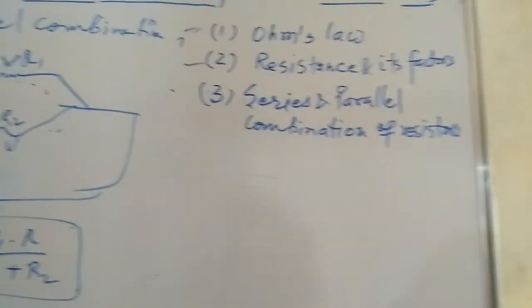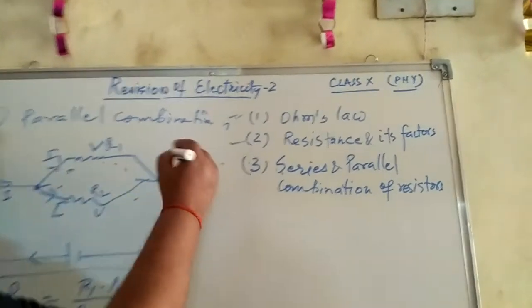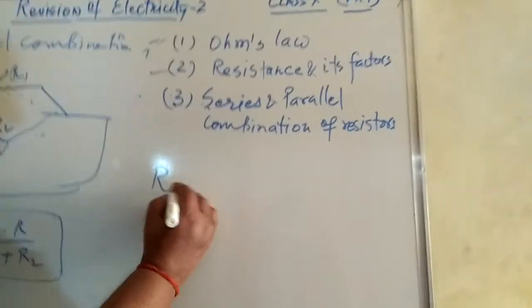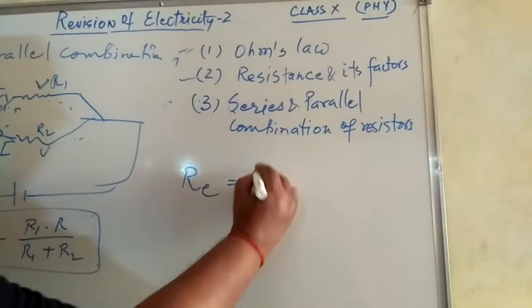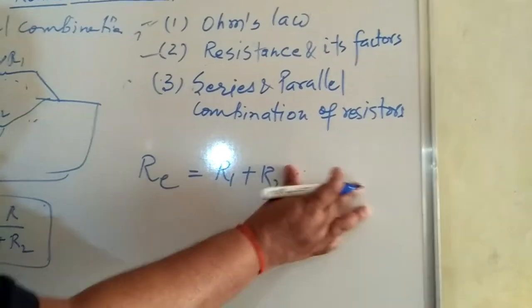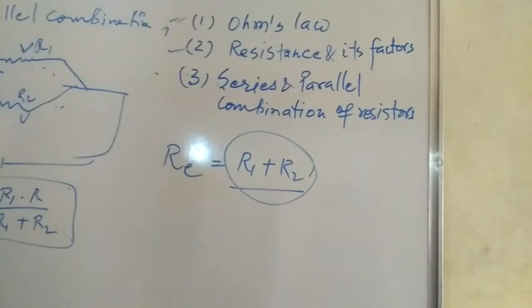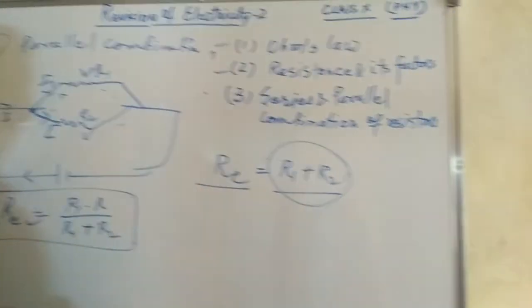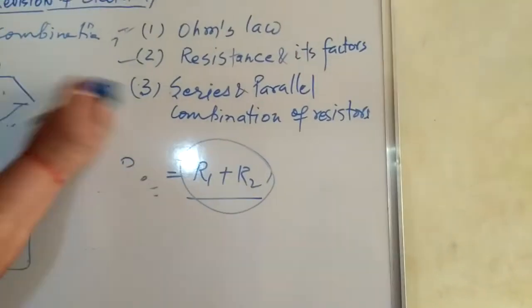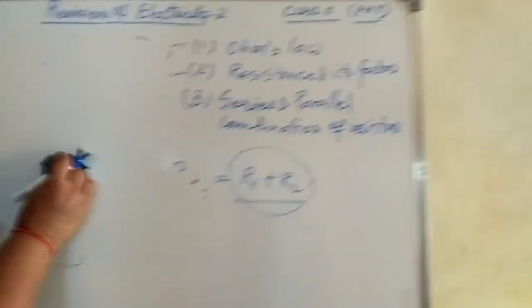From this formula you can calculate the equivalent resistance. And in a series combination, you can find the equivalent resistance by simply adding all the values of the resistors. So this is the revision class of the circuits.